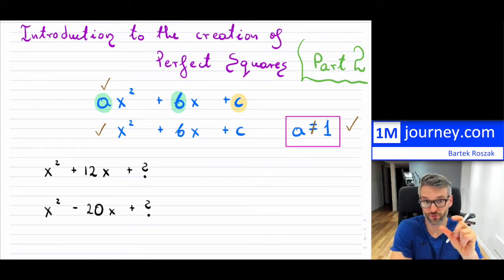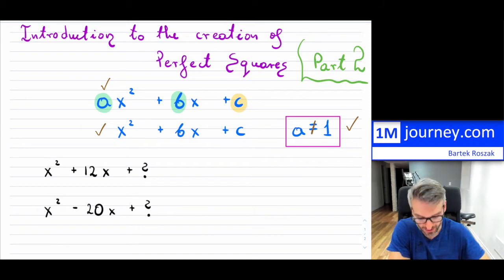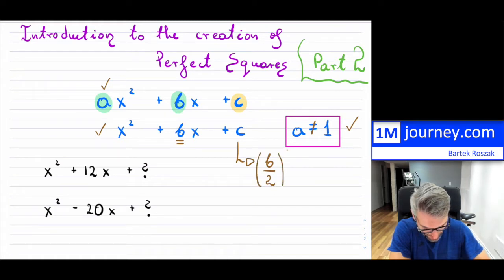Now, just as a short refresher, for A is equal to 1, if that's the case, then we can always find the C, and this particular C was basically equal to whatever your B was. So this was B divided by 2, and we would square the entire thing.